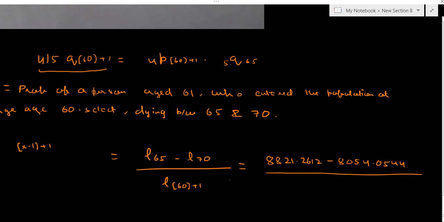Because ultimately x is 61, so I need x, 61 minus 1 in the bracket, plus 1, so 61 minus 1 is 60, right? So this is the value in front of 61.